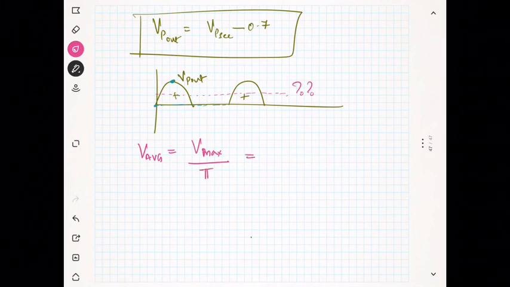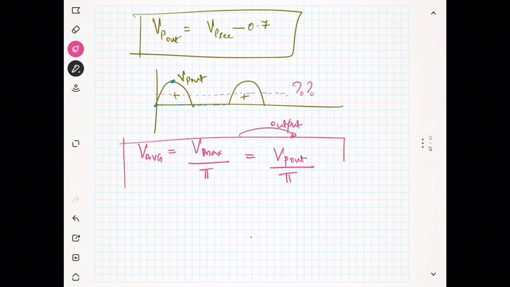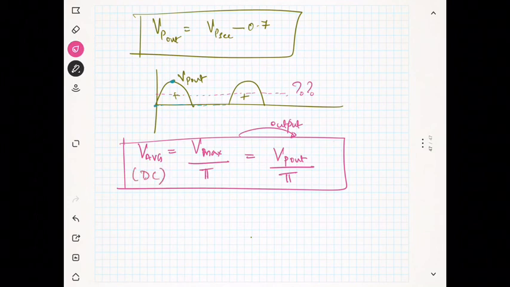But what is V max at the output here? At the output the V max is nothing but Vp out. So Vp out divided by pi. This is how you can calculate the average voltage. We also call this average the DC voltage.